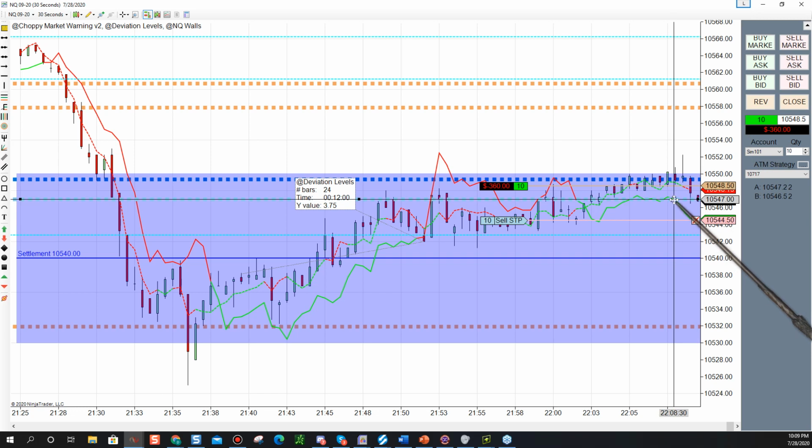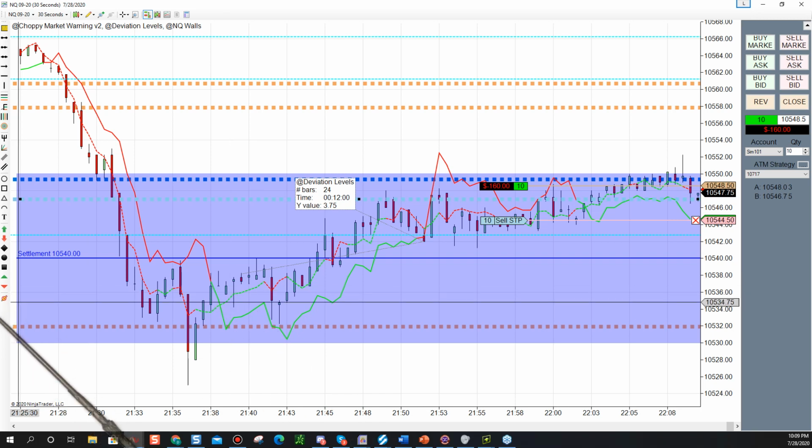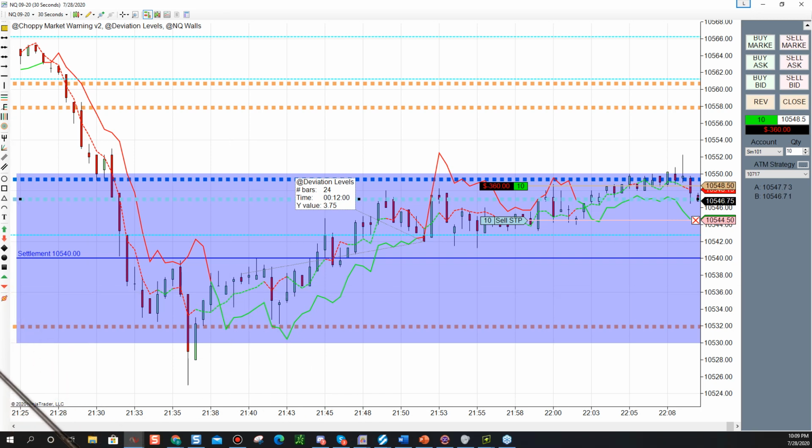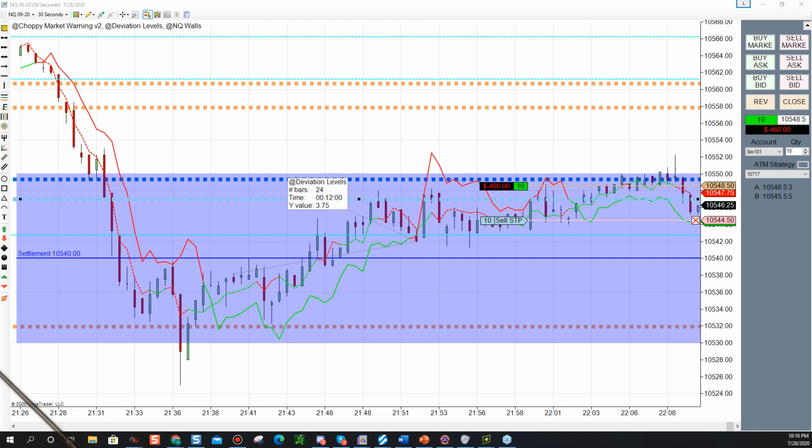I'm still waiting for it to close below that solid red line. And if it does, that's okay. I'm in 10 contracts. This would only be like $60 on a single contract.